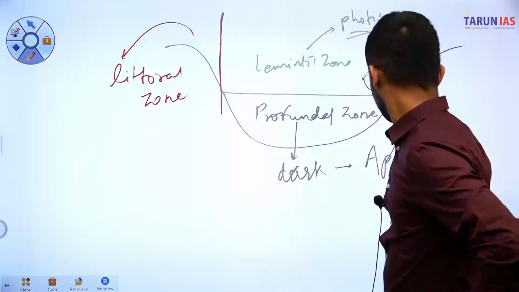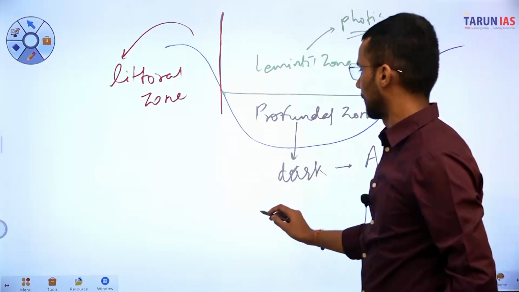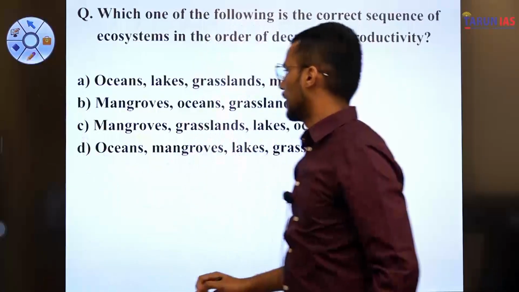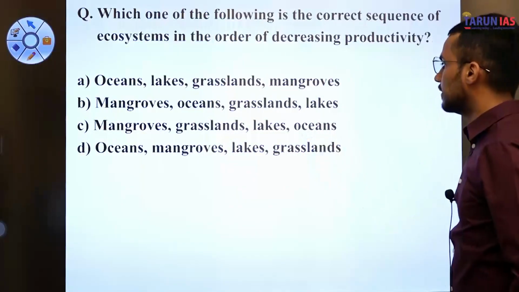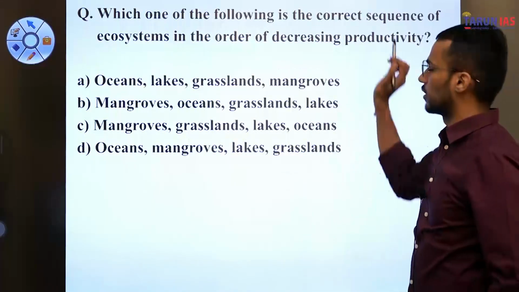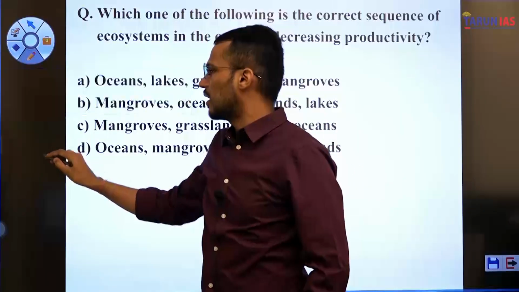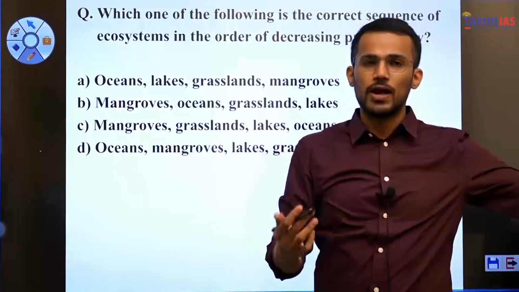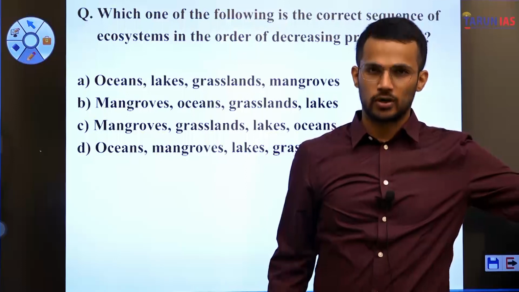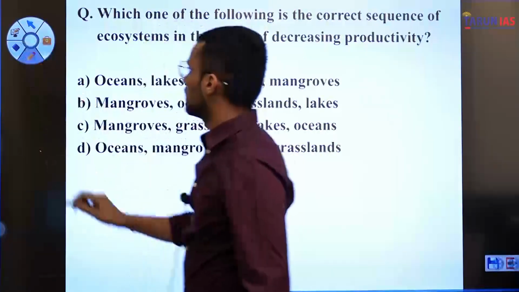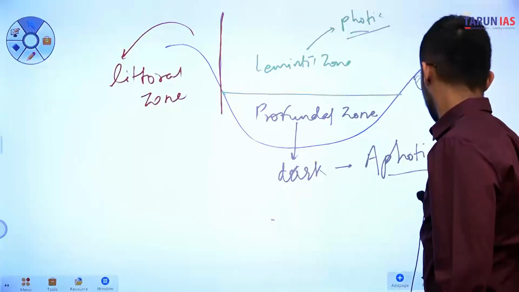So that's why lakes are at the third place with respect to productivity. You must be wondering why oceans are at last, or why oceans are least productive. So let me tell you why oceans are least productive.